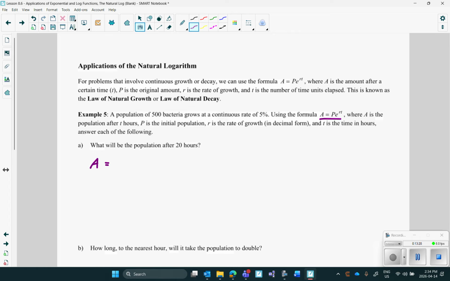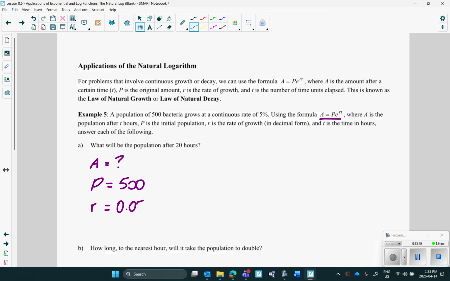We're asked the population, so it's A. What is the current population? 500. So capital P is 500. e is obviously 2.718. What's r as a decimal? 0.05.